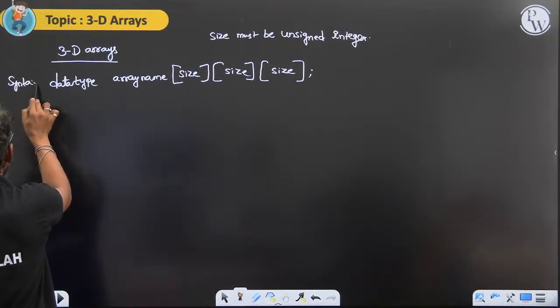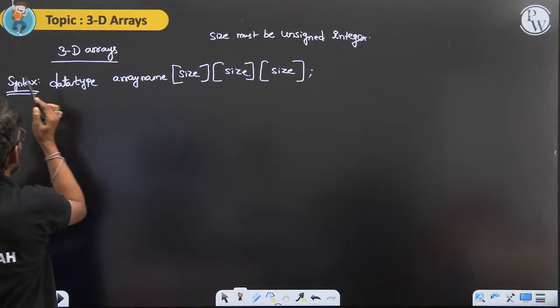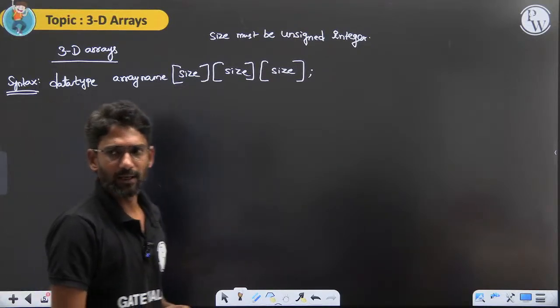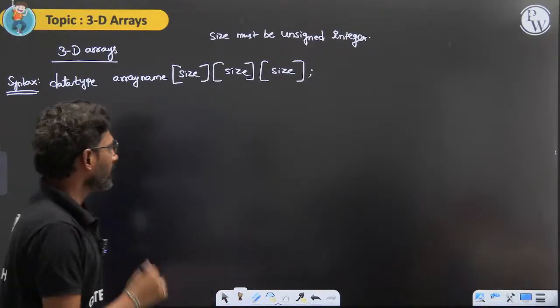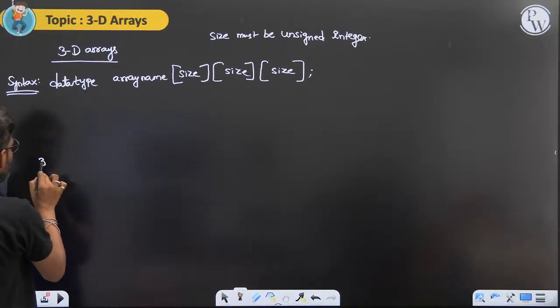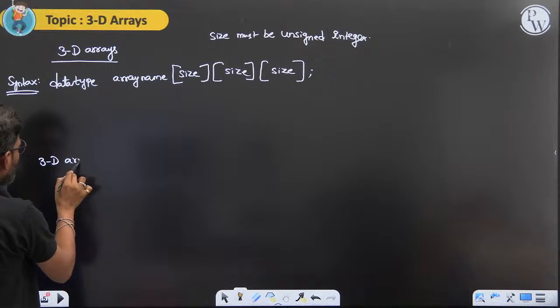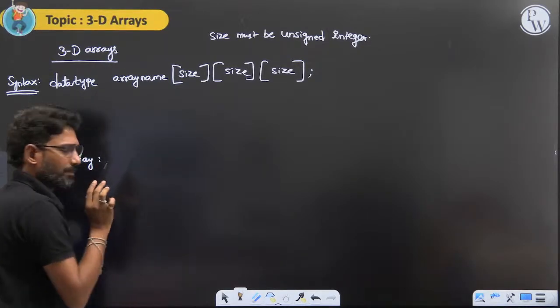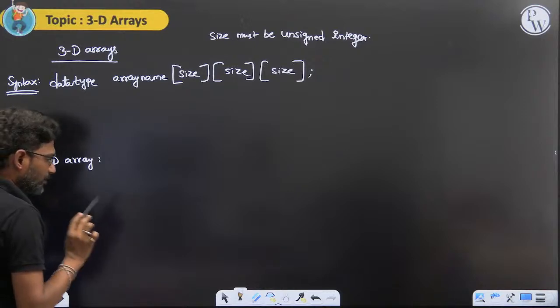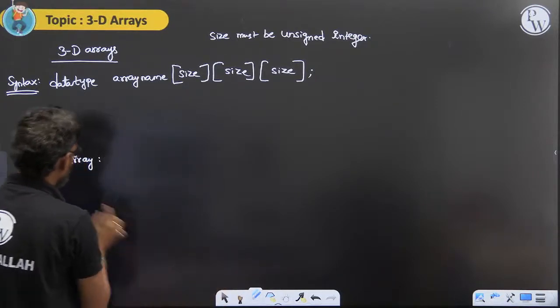So if I am taking the 3-dimensional array, actually what is it indicating? See, it is actually very clear.